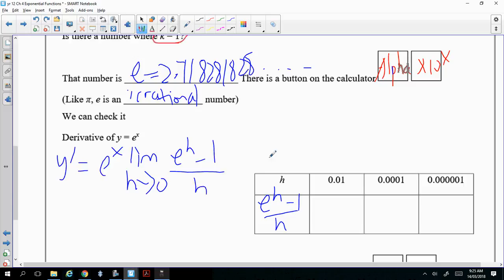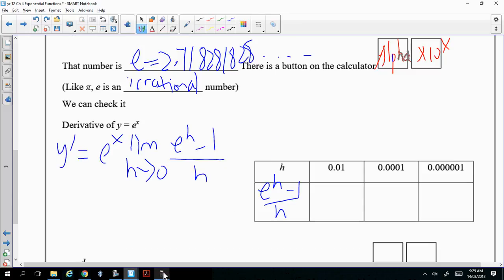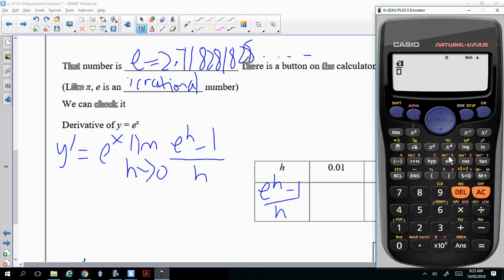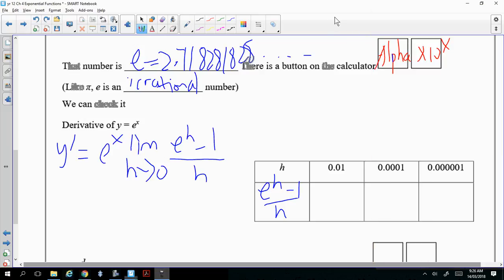So press fraction, alpha e to the power of 0.01 minus 1 over 0.01. You get 1.005. And then do the next one. What if I increase the number of zeros?